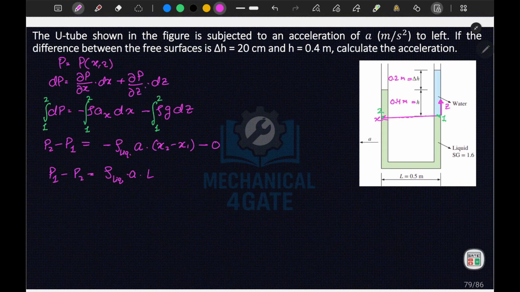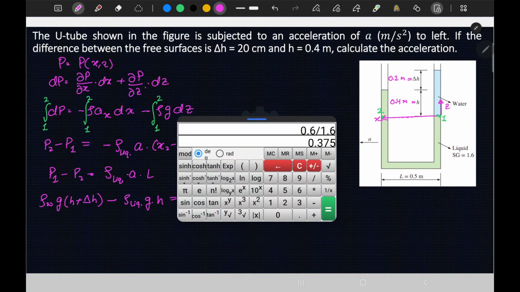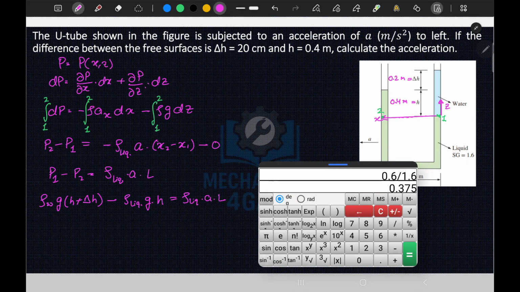So if I calculate P1 and P2, P1 is equal to rho of water times g effective, that is g here, times h plus delta h, minus P2, which is equal to rho of liquid times g times h, is equal to rho liquid times a times L. Now if we solve this, this is g, that is 9.81 into h plus delta h, which is 0.6, minus rho of liquid, 1.6, times g, that is 9.81 into h, which is 0.4.